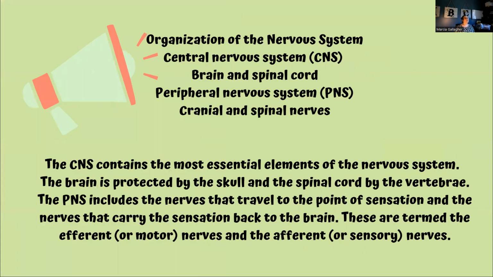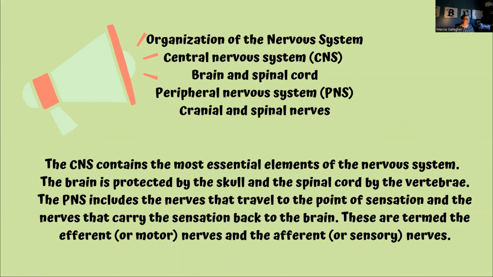The organization of the nervous system: the central nervous system is the brain and the spinal cord, and the peripheral nervous system is the cranial and spinal nerves. The CNS contains most essential elements of the nervous system, and CNS stands for central nervous system. The brain is protected by the skull and the spinal cord by the vertebrae.